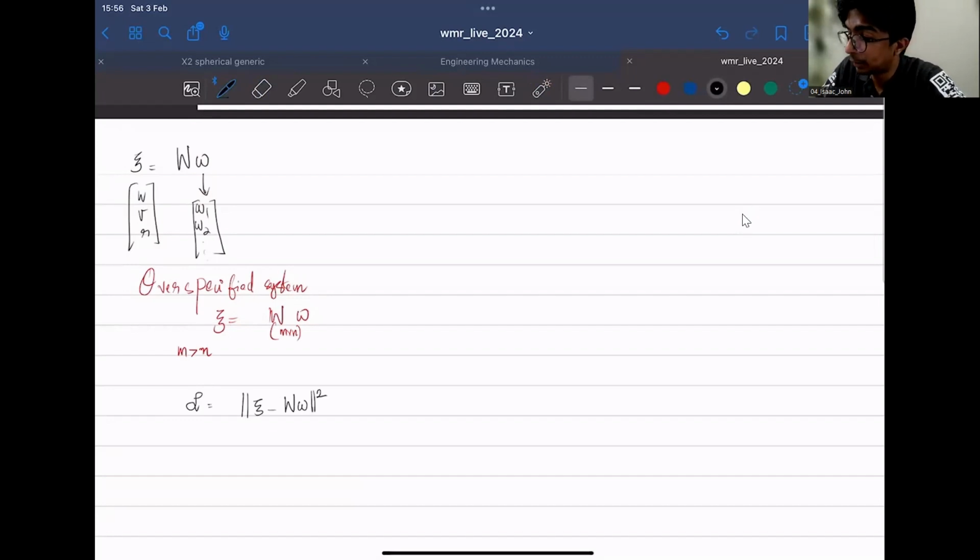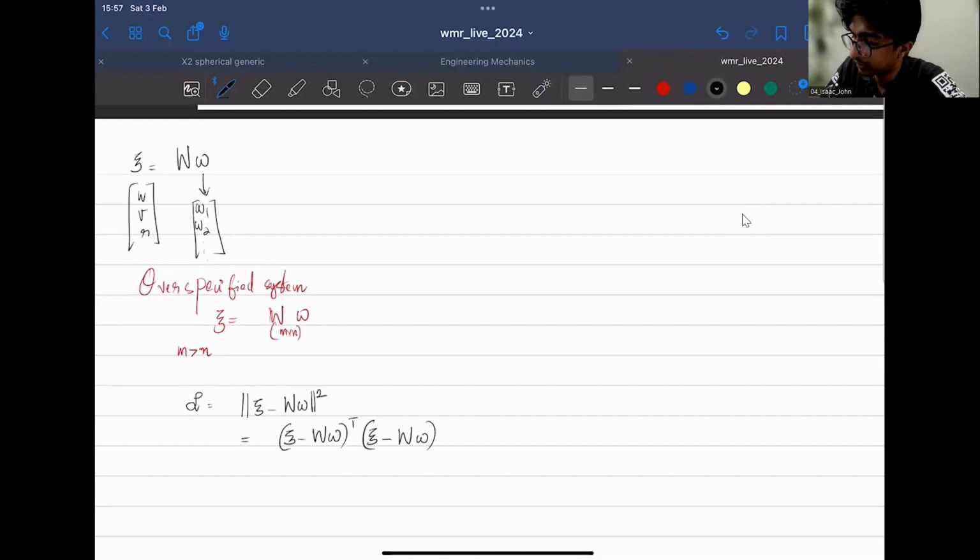So you have to find an omega such that it minimizes the least square error between the left-hand side and right-hand side of the system of linear equations. You can also write this expression as a vector operation. So this is nothing but (theta minus W omega) transpose (theta minus W omega).